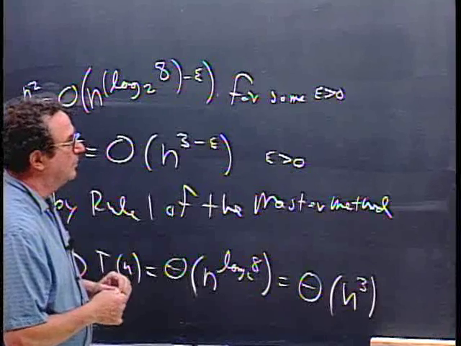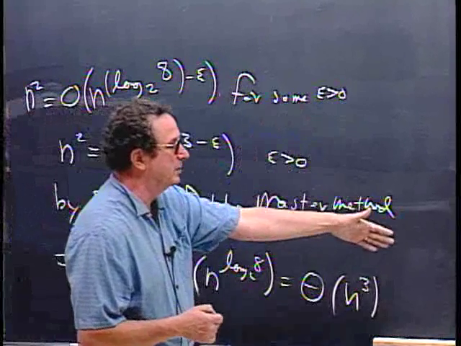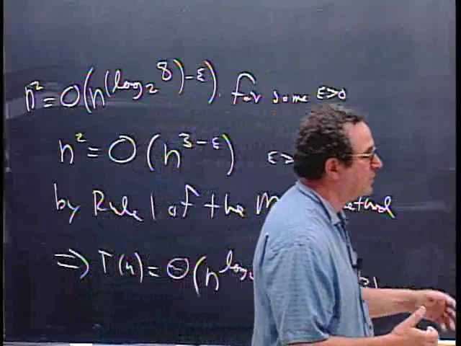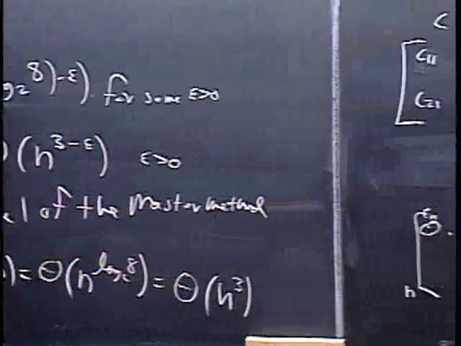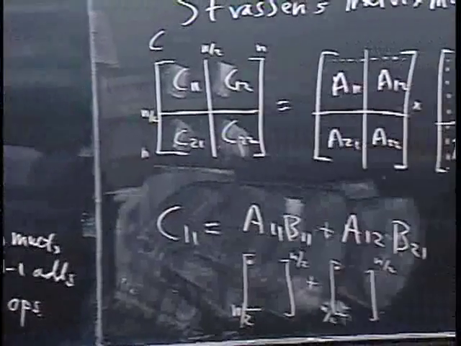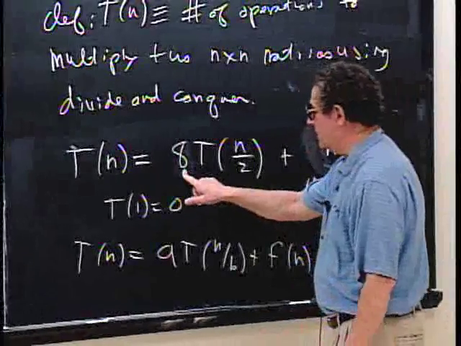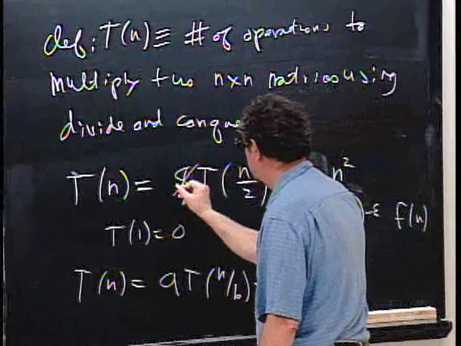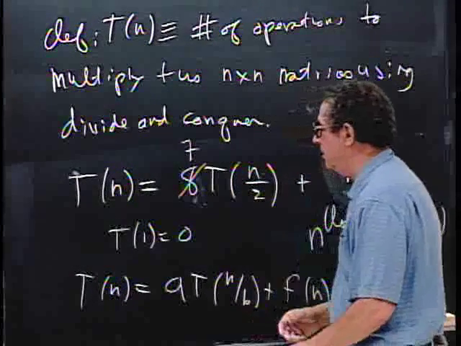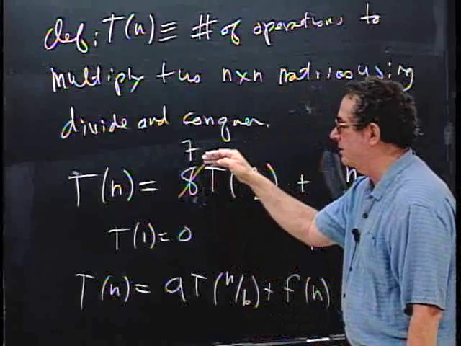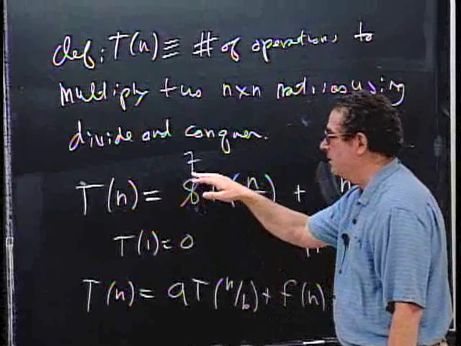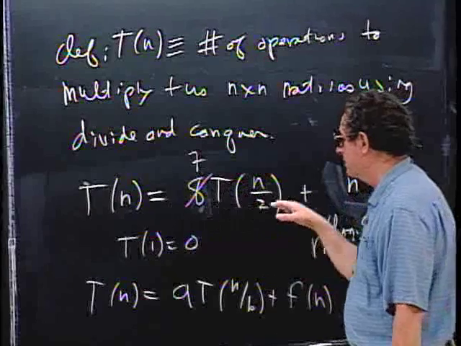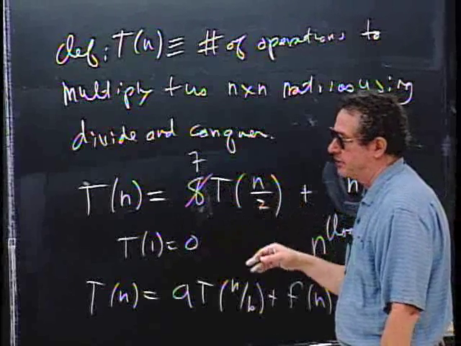But what we did do is set up the framework and the analysis for what we will eventually do. Because what we really want to do is here, instead of this 8, what we want is 7. So we want a method which will only use 7 multiplications instead of 8 in this portion of the recursion.